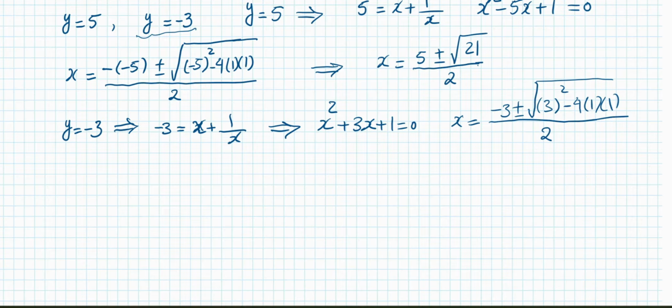And from here we find that x is equal to minus 3 plus or minus the square root of 5 divided by 2.